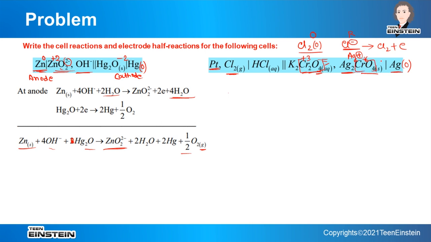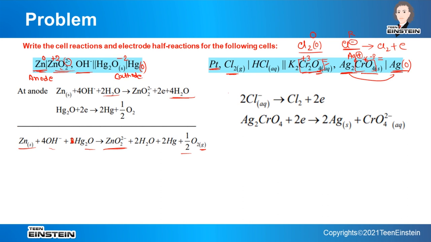Because here the anion is CrO4 2 minus, because we have 2 Ag plus, so 6 plus charge from chromium, and from oxygen we are getting -8 charge, that means 2 negative charge extra. So here chromium is in the +6 state, but as here we have the electrode Ag0 and the cation Ag plus, we will consider this as the actual species which is involved in the reduction reaction, that is, the species in the cathode.